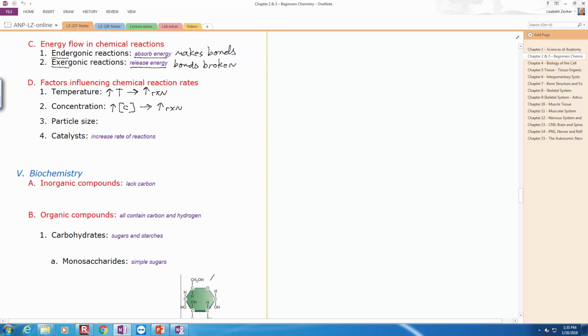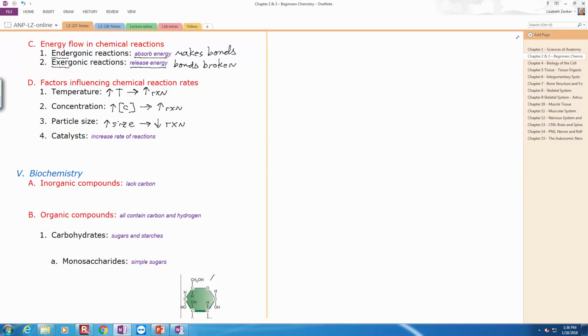So if you're tiny and zipping around really fast, you're more likely to bang into other stuff. If you're ginormous and huge, just think that you're kind of slow and it takes you a while to maneuver across the room. Okay, so increased size is actually an inverse relationship. An increased size would actually decrease the reaction rate. Okay.